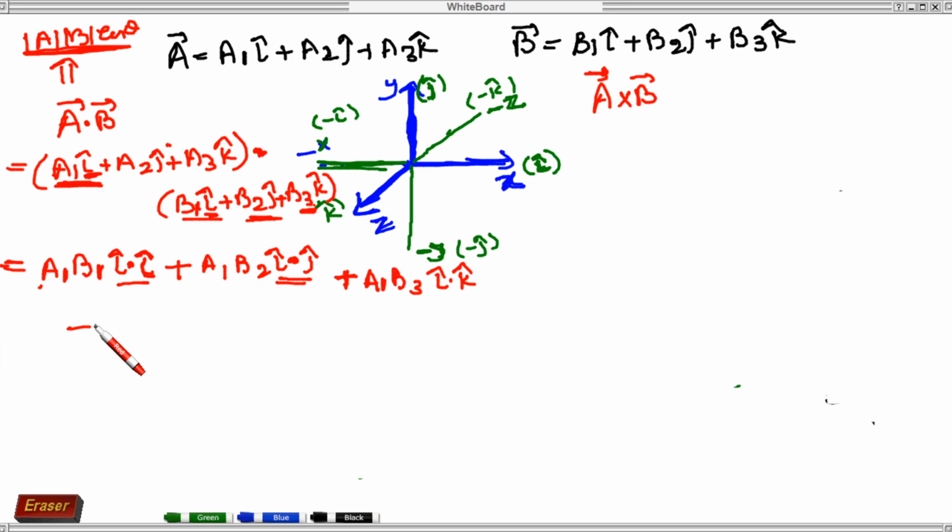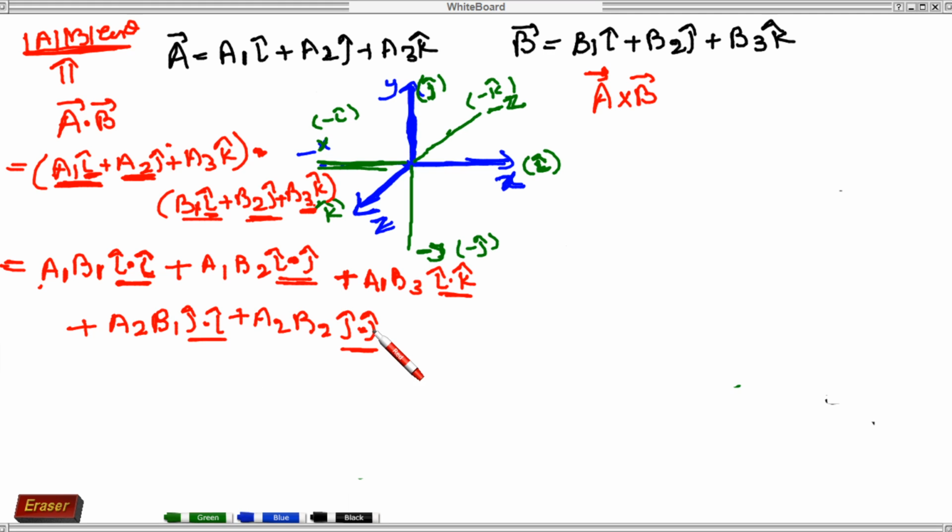Plus now I have to multiply this to all these three. So a2 b1 j dot i, a2 b2 j dot j, and a2 b3 j dot k.